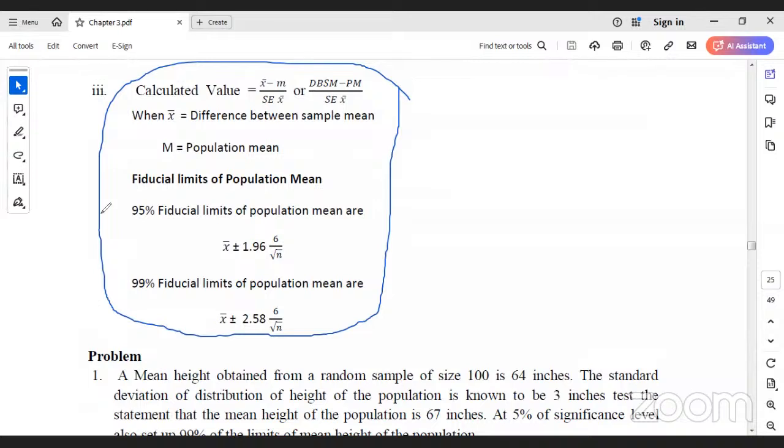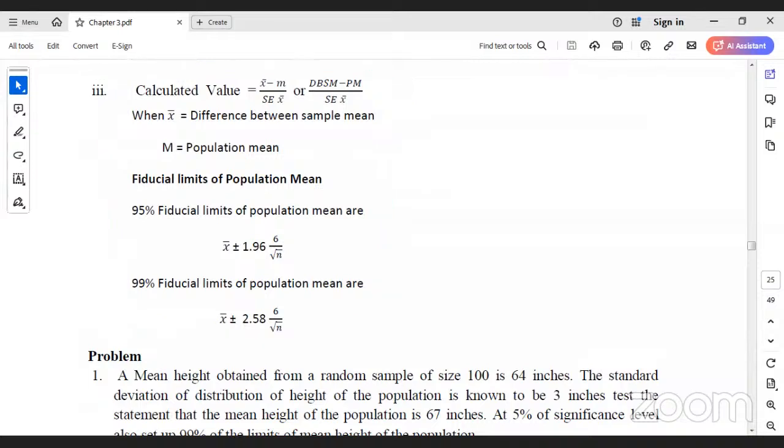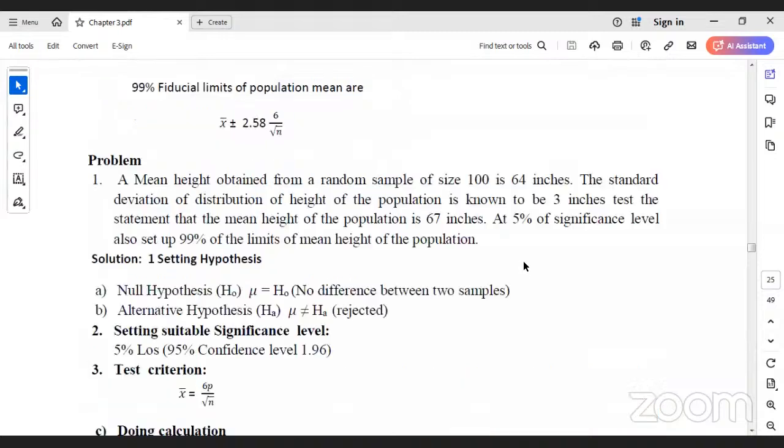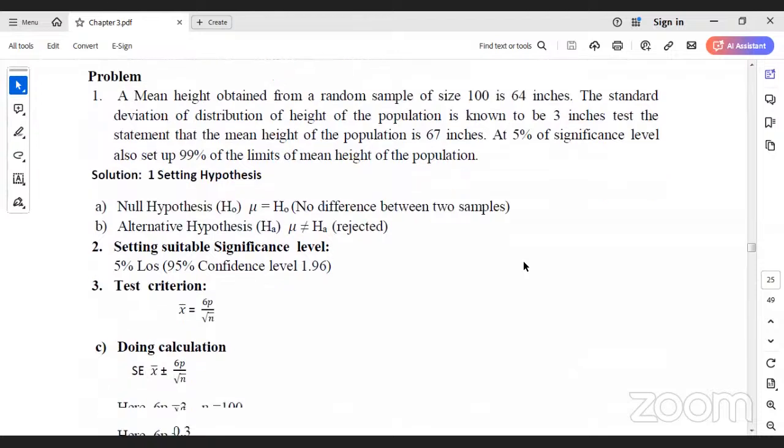Okay, so we'll go for the problem. Look at the problem carefully. A mean height obtained from a random sample of size 100 is 64 inches.